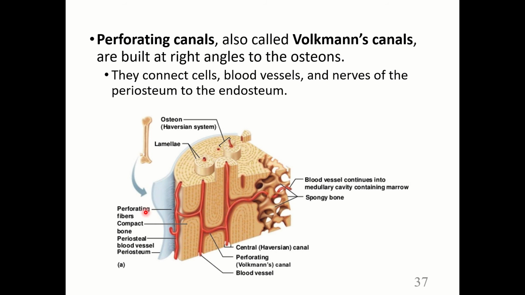This is how the nutrient arteries are able to come in through the periosteum and migrate and grow all the way through the bony tissue. Bony tissue is very much vascularized and innervated. Remember, this is an active tissue that continues to remodel itself throughout life.